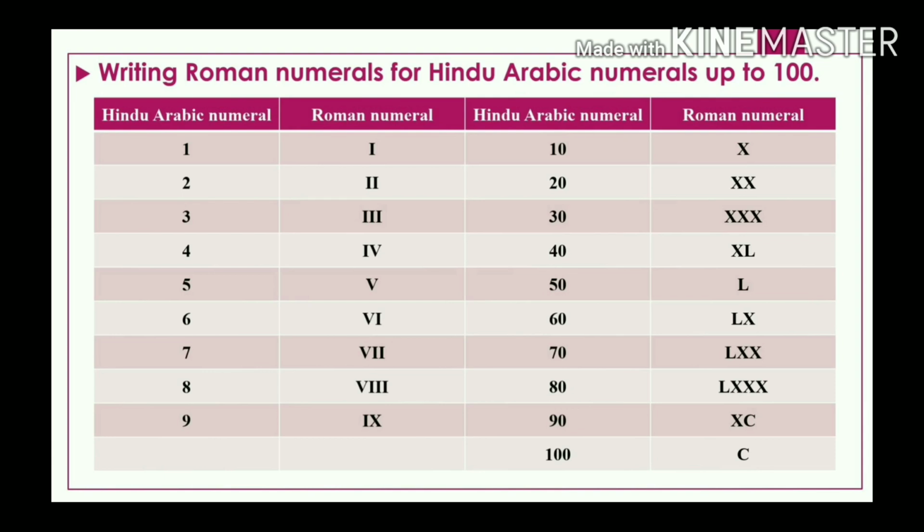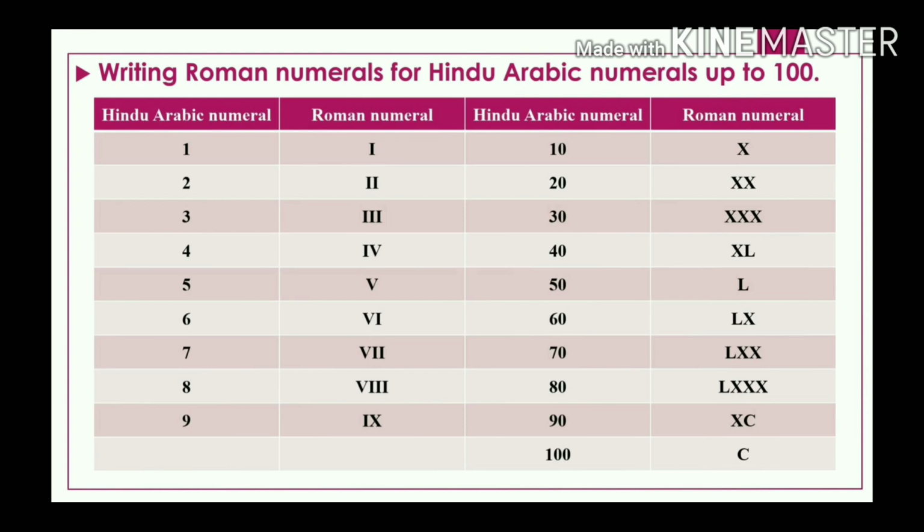For 50 it is L. For 60 it is LX. For 70 it is LXX. For 80 it is LXXX. And for 90 it is XC. For 100 it is C.